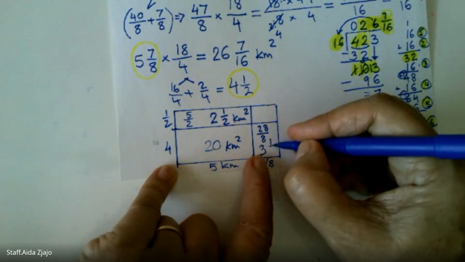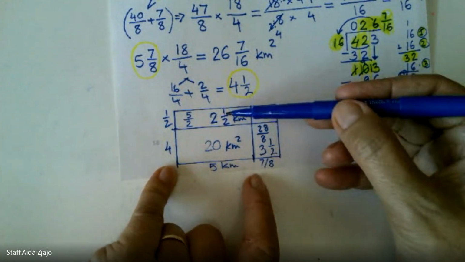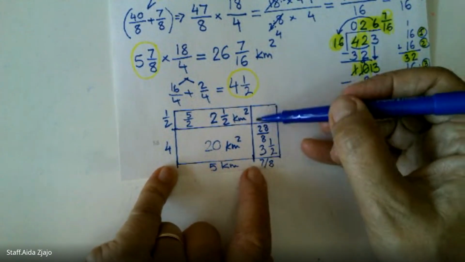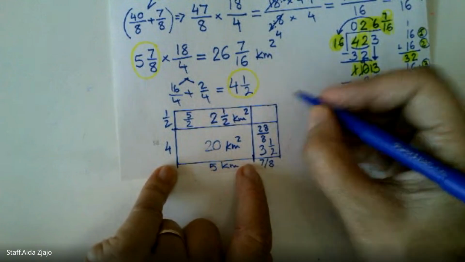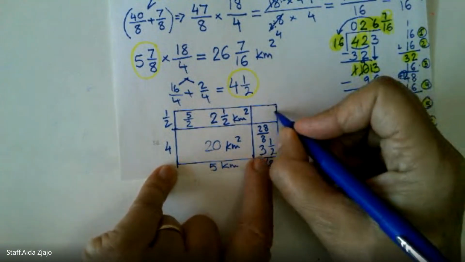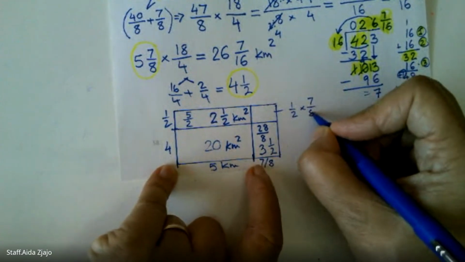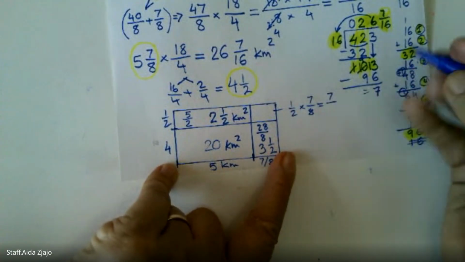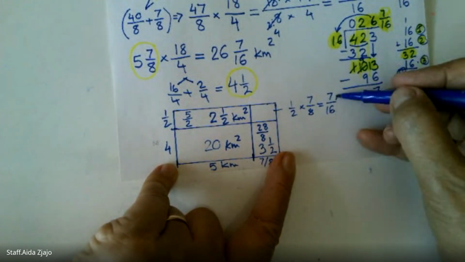So 4 eighths is 1 half. So 3 1/2. So this half and this half will make a whole. And then the last one is 1/2 times 7 eighths. So if I look here, 1/2 times 7 eighths, that will make 1 times 7, 7, 2 times 8 is 16. So we got 7/16.